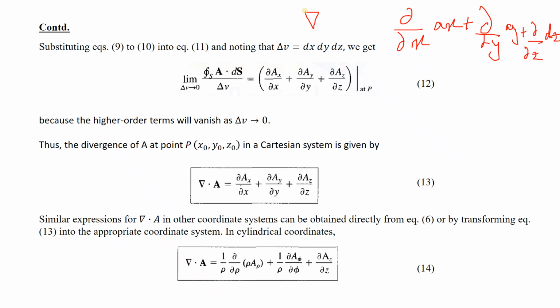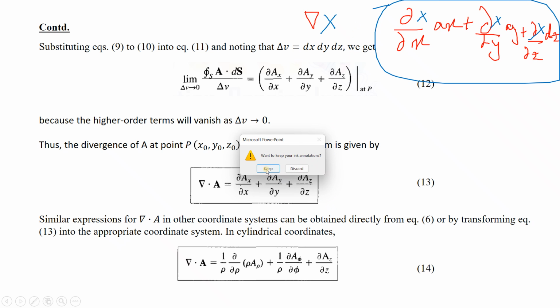When we calculated the gradient of a scalar, we used to put the scalar over here, and this entire thing used to become a vector.